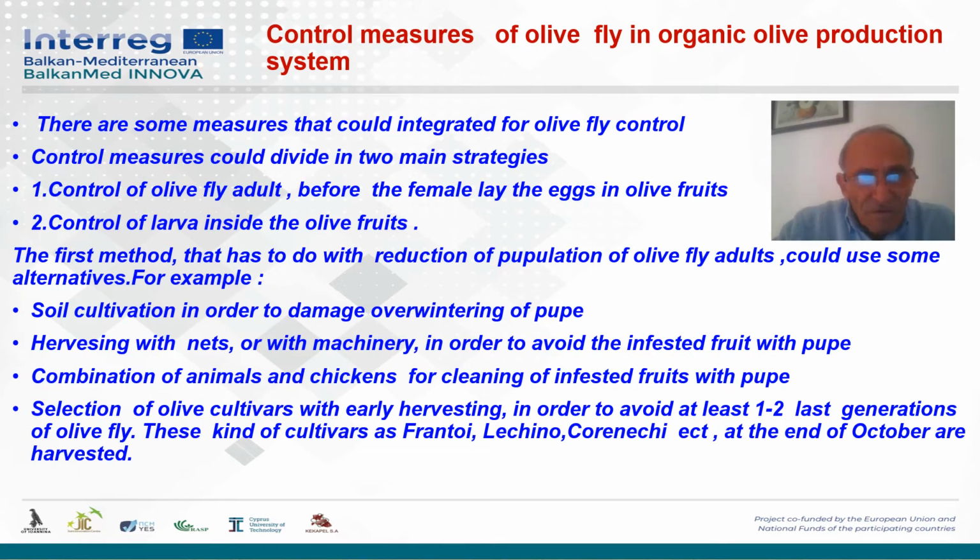The first method, which has to do with reducing the population of olive fly adults, could use some alternatives.